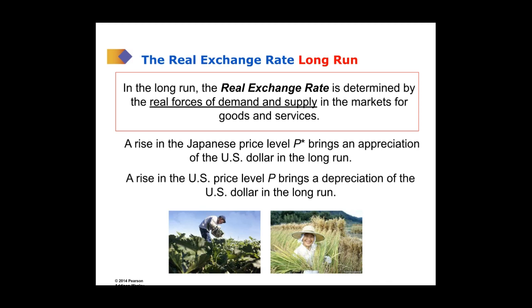They demand the currencies so they can buy and sell the goods that having the currency makes possible. And so in the long run, if we look at the real exchange rate, we factor out some of the monetary aspects of this, and we wind up arriving at the exchange rates between the currencies reflecting the real forces of supply and demand in the markets for the goods and services.